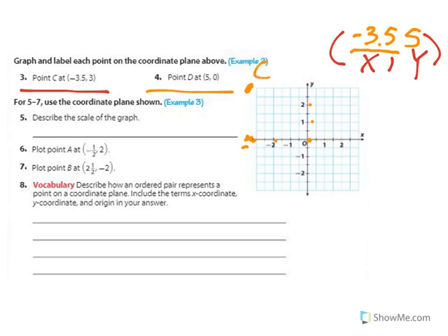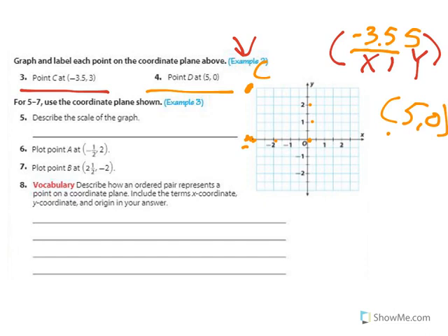And point D at 5, 0. So what does that mean to do? I'll give you guys a moment. Oh, and I see here, we're supposed to be doing this on the previous graph where we had up to number 5. All right, so that's my fault. I can't go back to that.